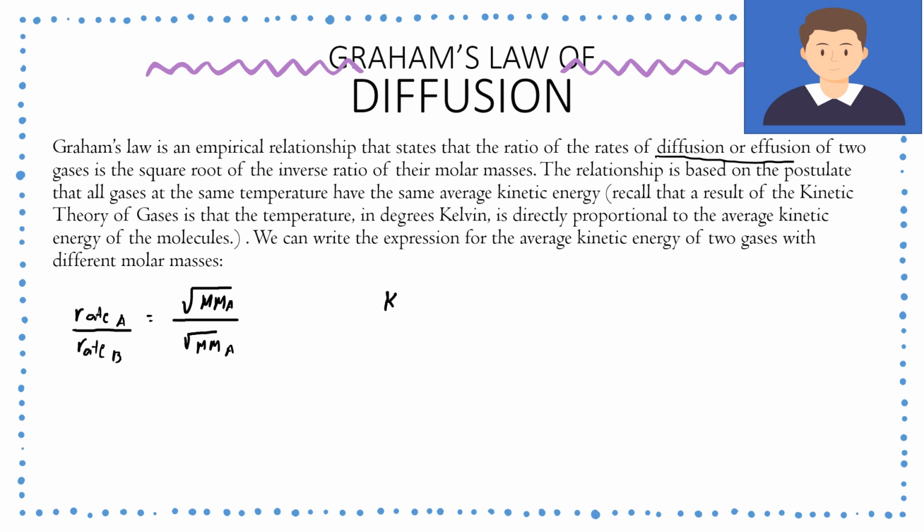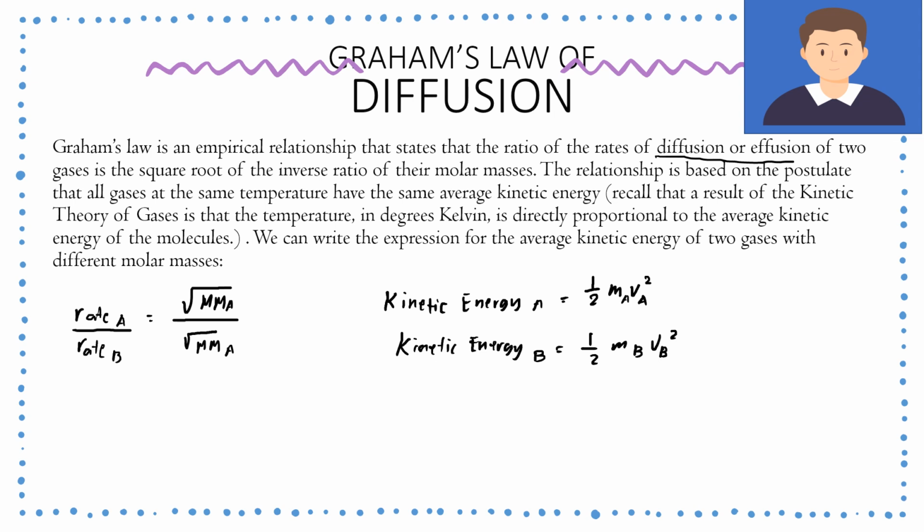We have the kinetic energy for gas A, which is equal to 1/2 m v squared, where v is the velocity of gas A and m is the mass of gas A, and the kinetic energy of gas B, which is also 1/2 m v squared.